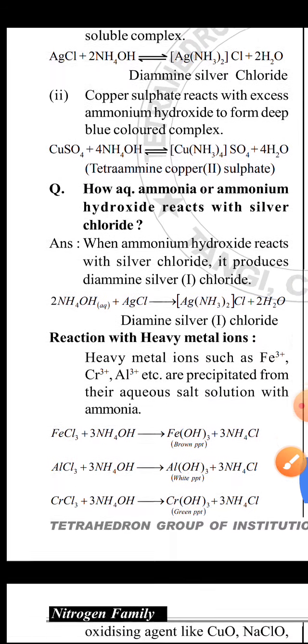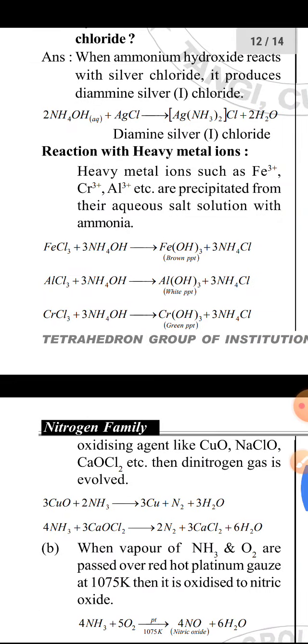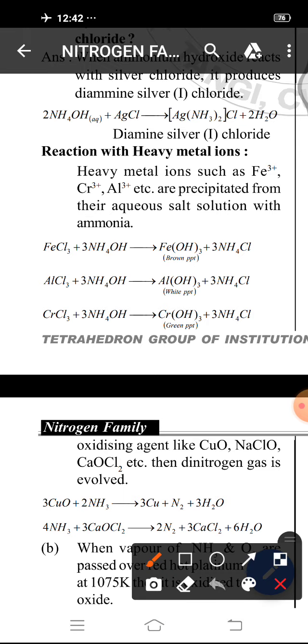Then reaction with heavy metal ions. Heavy metal ions like iron, chromium, aluminium, etc. are precipitated from their aqueous salt solution with ammonia. When heavy metal ions from their aqueous solution react with ammonium hydroxide, that means ammonia, they form precipitate.